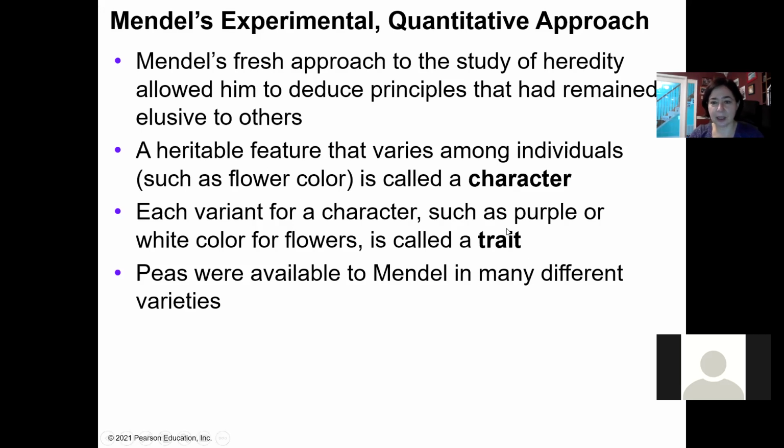So a variation is called a trait, right? So for example, you have a red rose and you have a yellow rose, right? They are both roses. The color is the characteristic. Yellow color is one trait, red color is another trait.